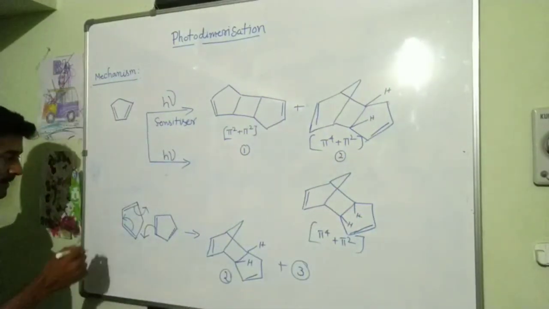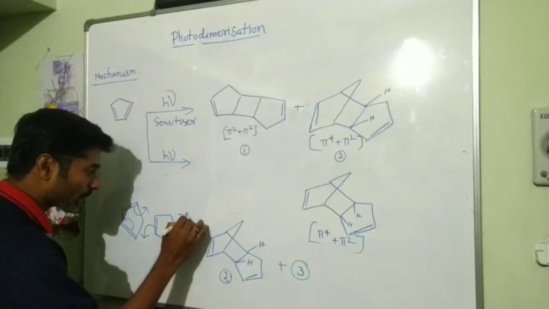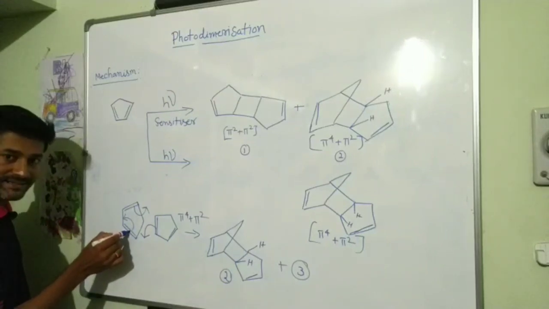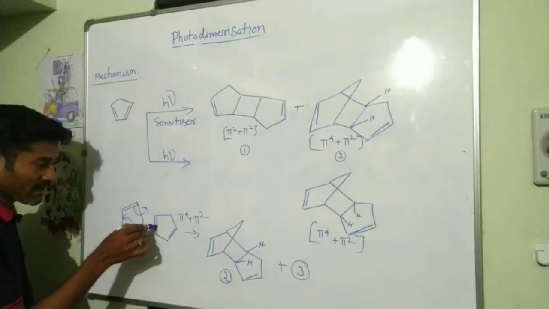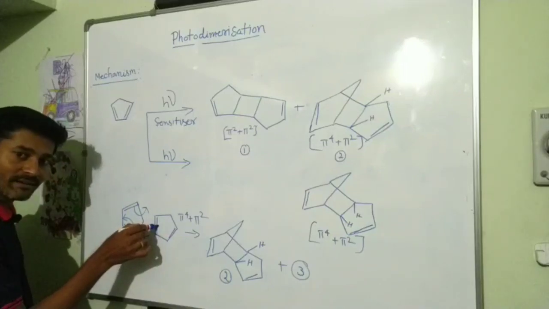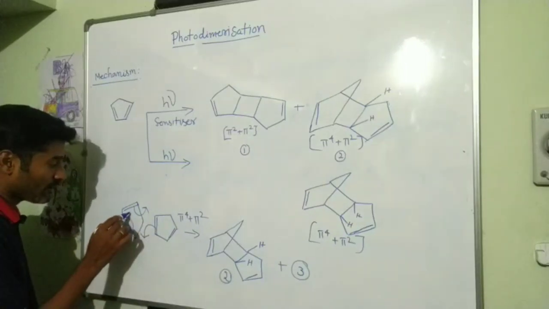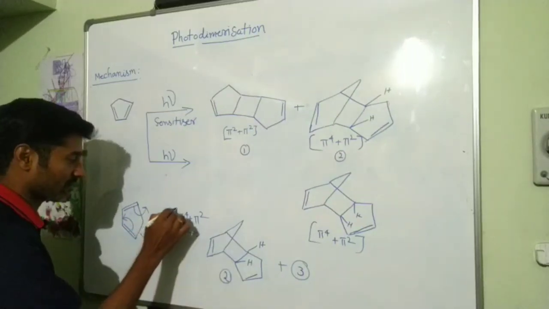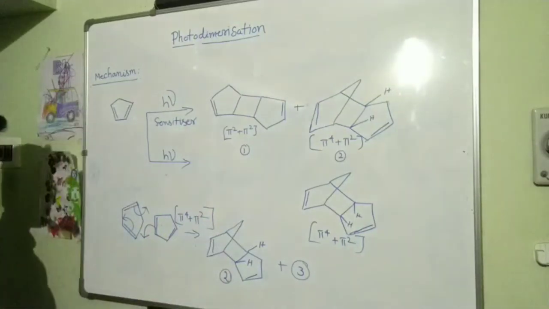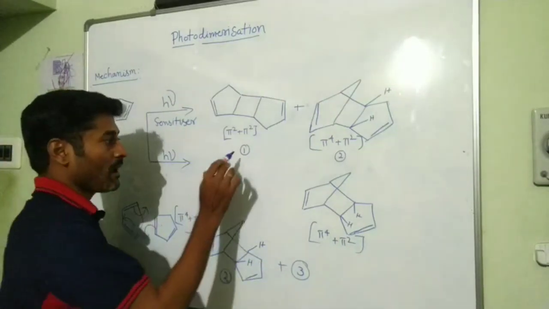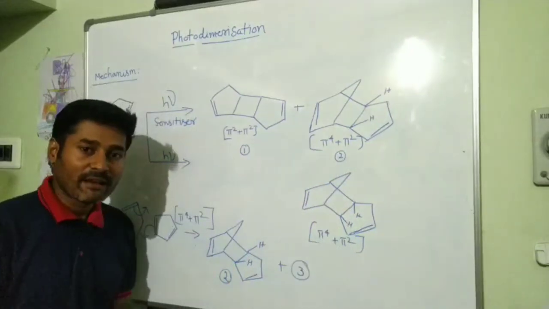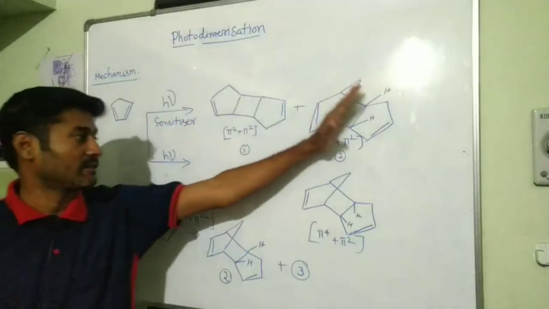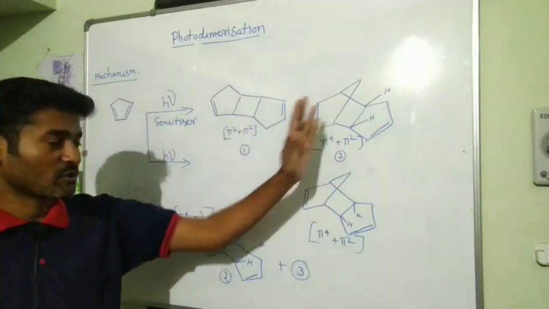Now here the addition is pi 4 plus pi 2 addition. Reason: 4 electrons in this ring are involved in the mechanism and 2 electrons from this ring are involved in the reaction. Therefore it is known as pi 4 plus pi 2 addition, and you get 2 products. Now all the 3 products will be in equal proportion, a 1:1:1 ratio.